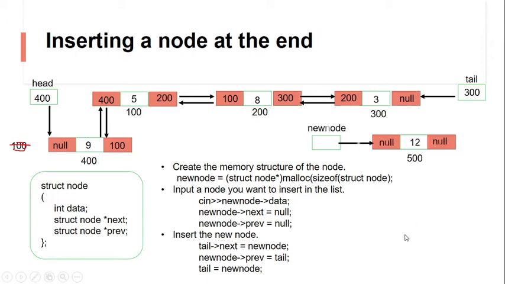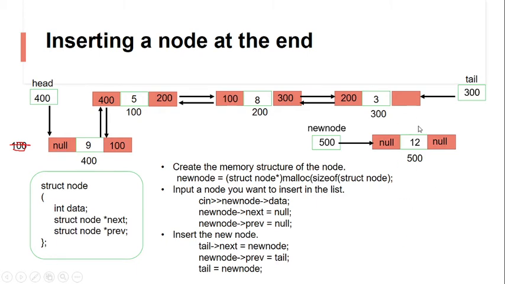For the new node, with item 12, this null on item 3 will become 500, and for this part, the null on this side for the previous node will become 300. So let's click it. 500 is my new node.